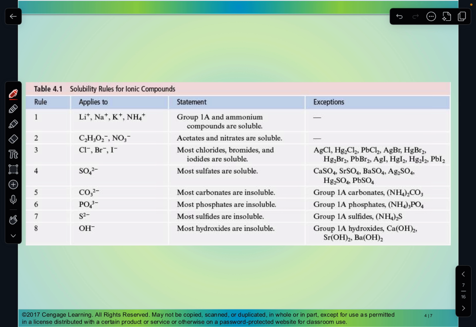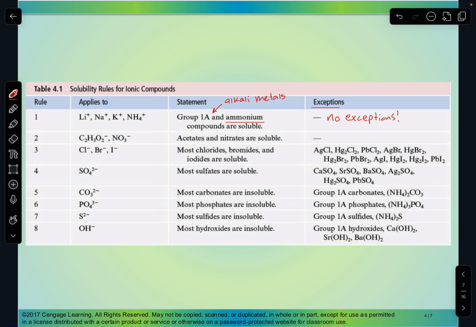Group 1A, the alkali metals, are water soluble every single time. You'll notice that this is the exceptions column. There are no exceptions. If your compound has a group 1A metal, or it has ammonium in it, then you have a soluble compound.